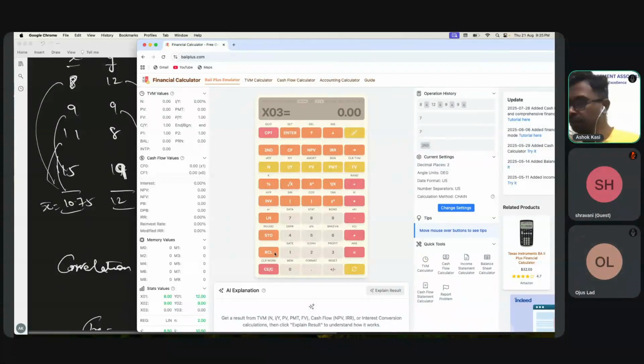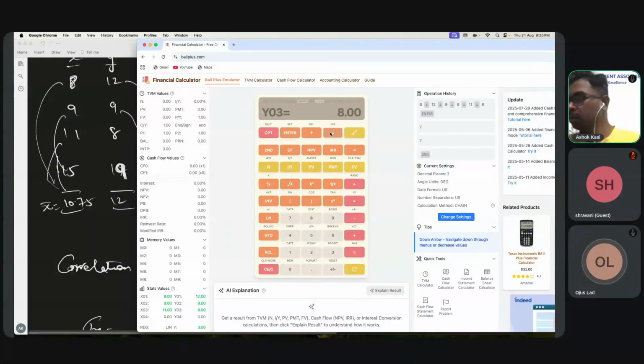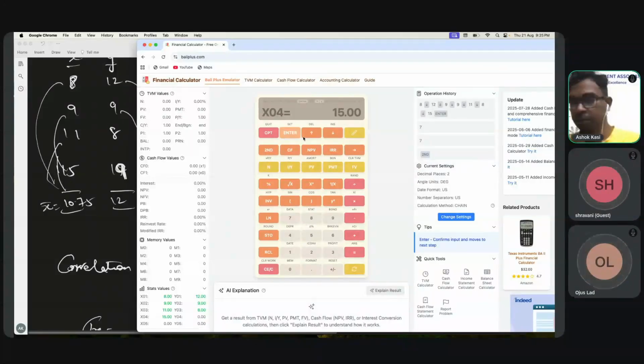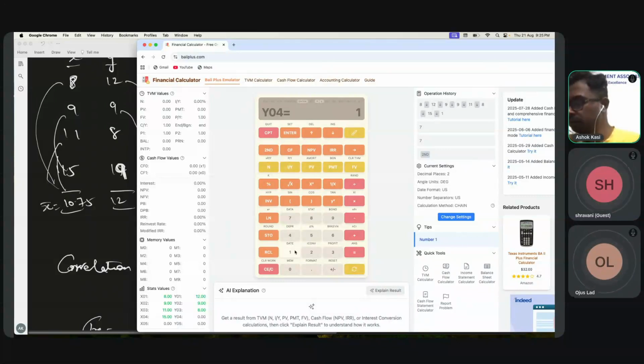X03 is 11. Enter. Downward arrow. Y03 is 8. Enter. Downward arrow. X04 is 15. Enter. Downward arrow. Y04 is 19. Enter. Now, keyed in all these numbers.